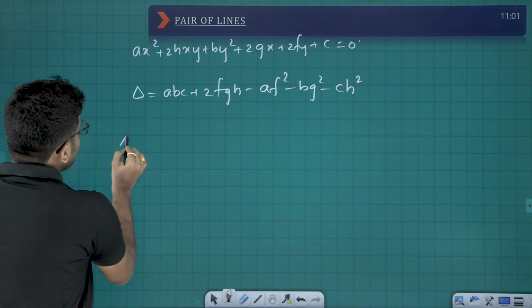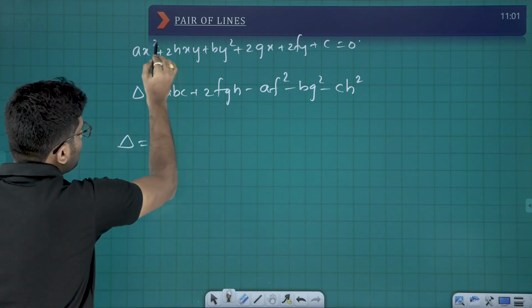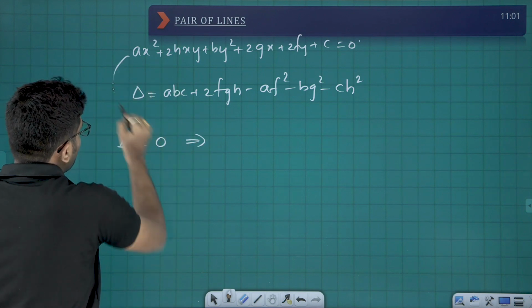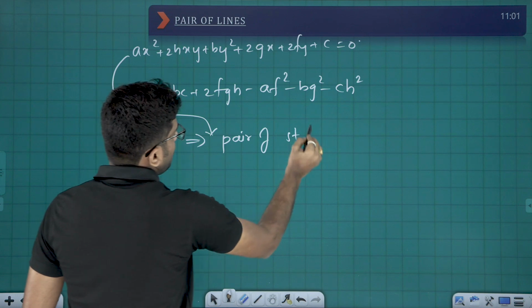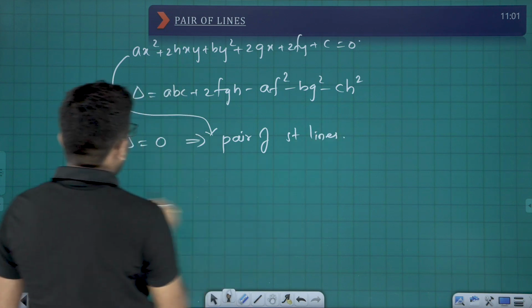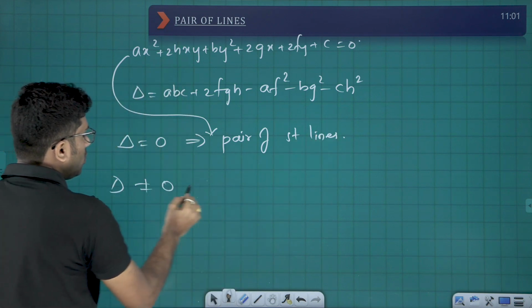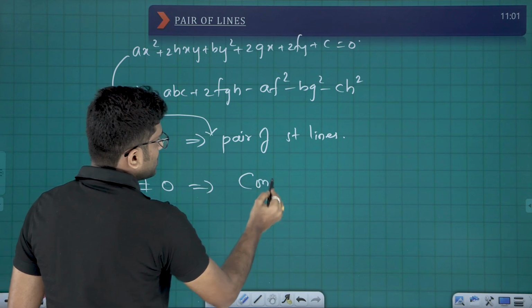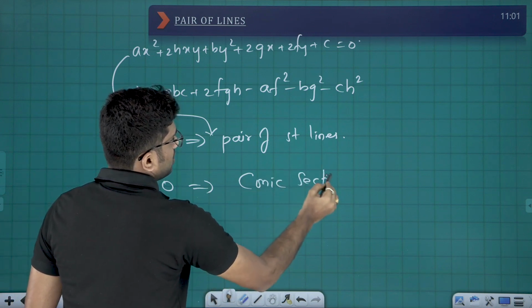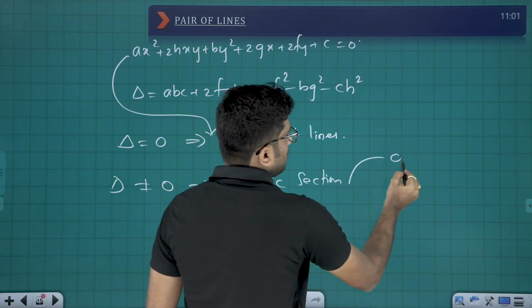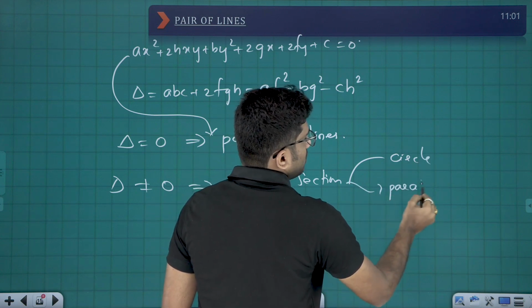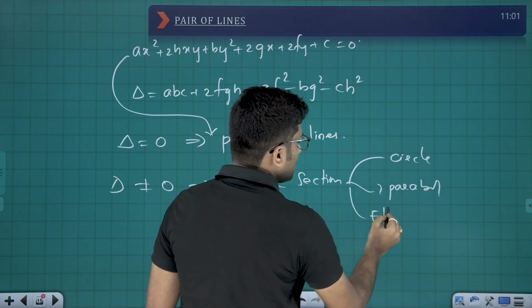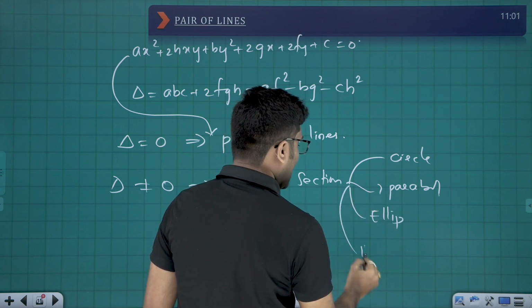If this delta equals 0, then this curve represents a pair of straight lines. And if this delta is non-zero, then only it represents conic sections. That means it can be a circle, a parabola, an ellipse, or a hyperbola.